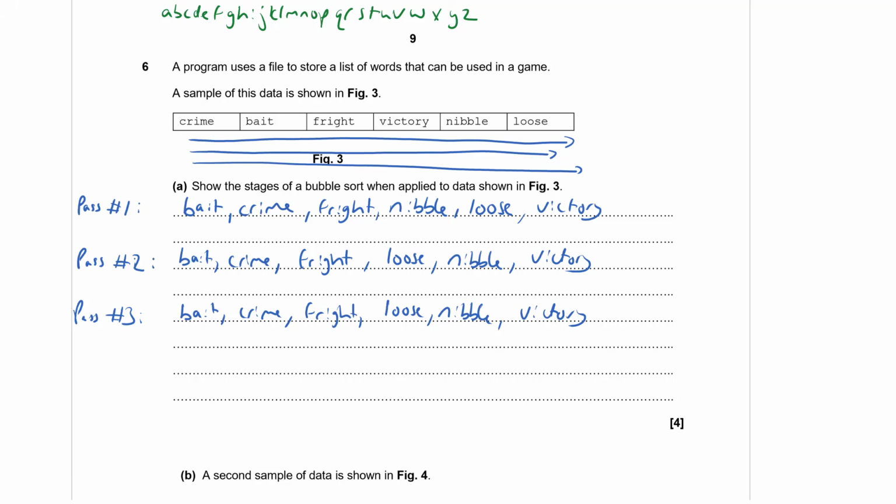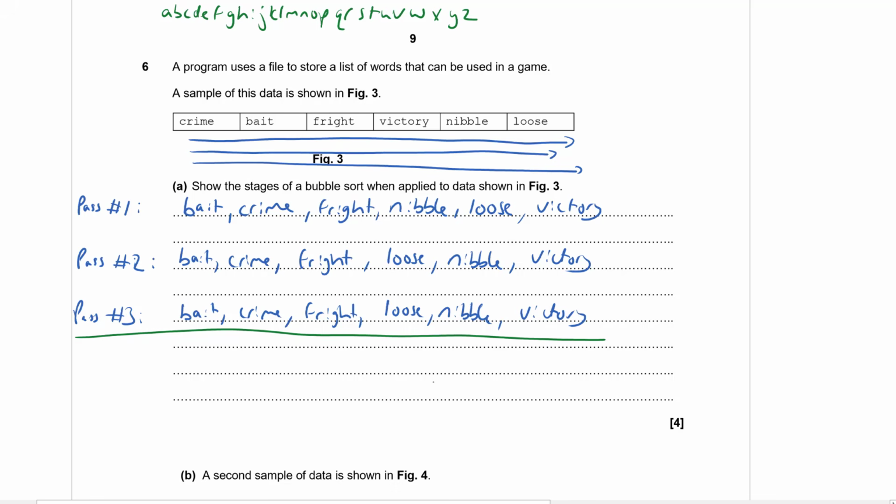Now, if you were really wanting to play safe, you could add in more stages, and maybe circle the items as you're looking at them. But I think especially if you're writing down the pass numbers, it shows your understanding how this works, and so that should be sufficient. Just on that last point, to emphasize, the idea that you've got to do a final pass, otherwise you're not sure if it has fully been sorted.